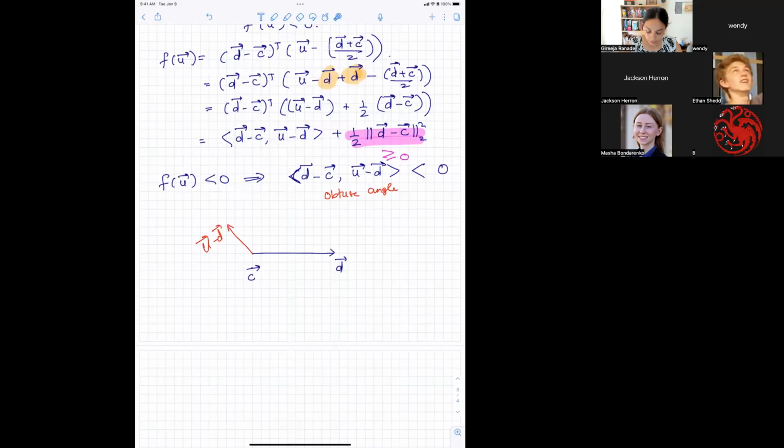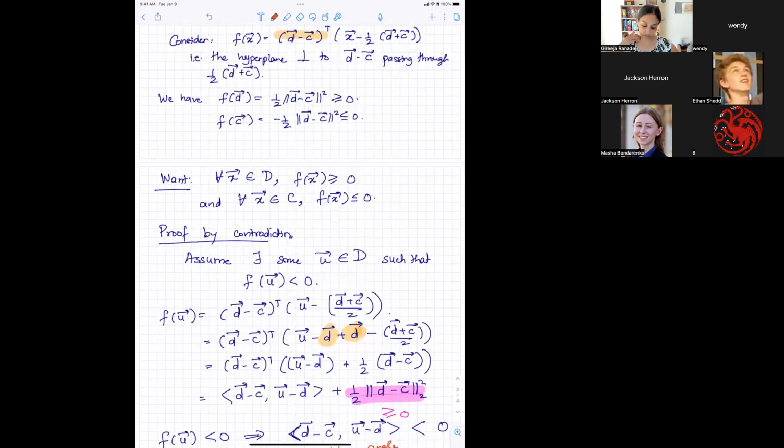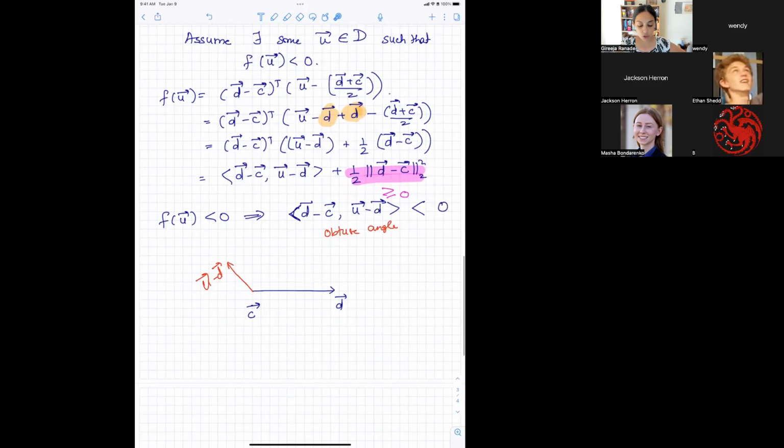So now u minus d is a direction, and I can use it to move from any starting point. In particular, remember, I want to get a contradiction, given that I have now assumed that there is this u that belongs to D and f of u is less than 0.